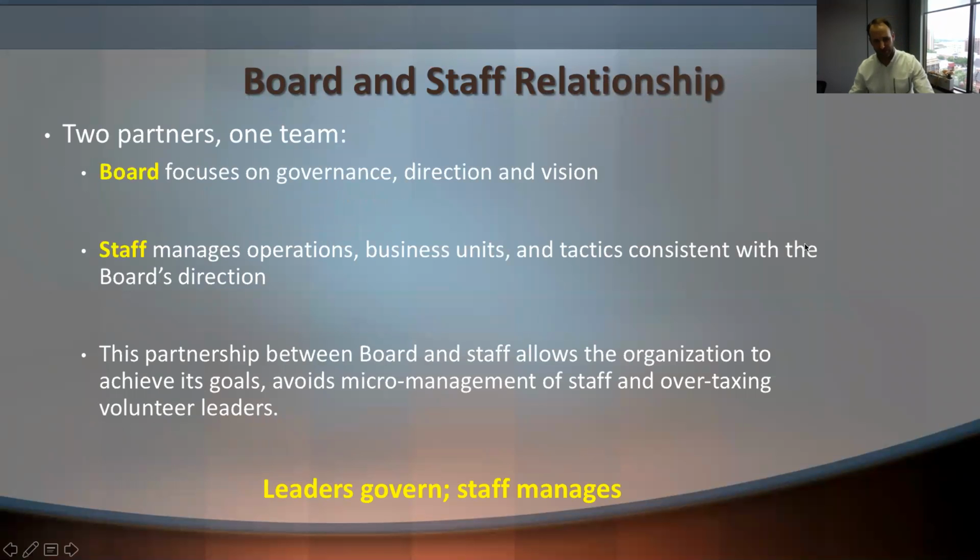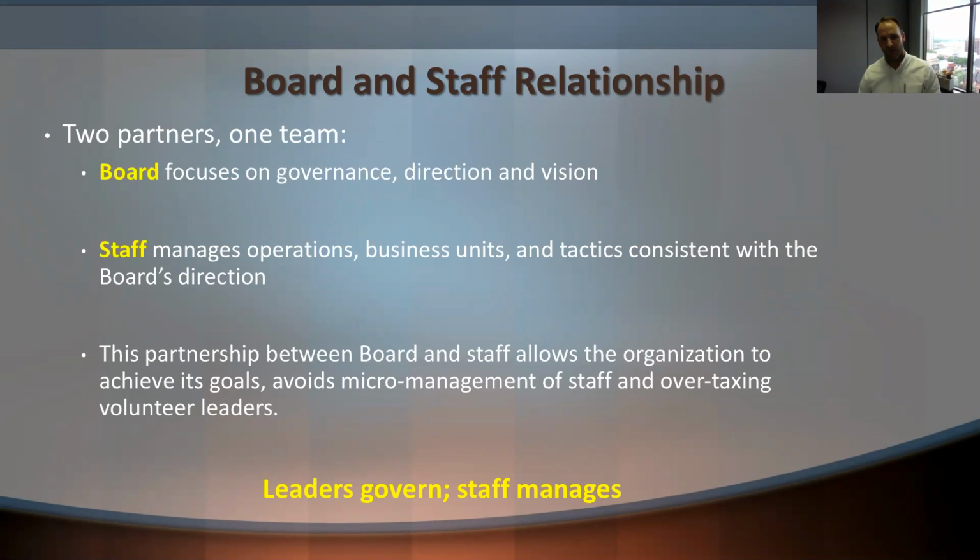Board and staff relationship. Board and staff are partners, and they form a team. As I mentioned, the board focuses on the overall direction and vision of an organization, whereas the staff is responsible for implementing that direction and vision. Staff manages the day-to-day operations and the tactics consistent with the board's direction.